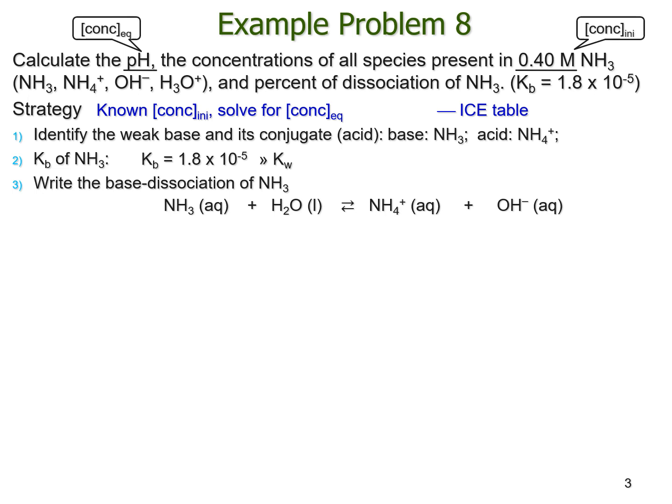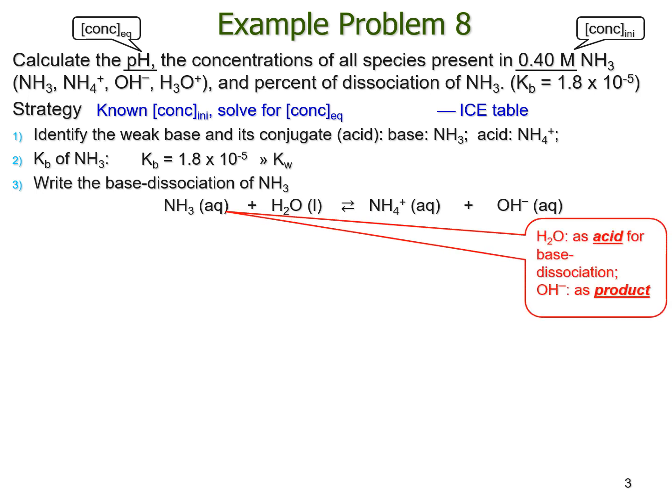And third step, we write up the base dissociation equation of ammonia. Remember, OH minus must be the product. That is essential, because if we replace the OH minus with hydronium, we got the chemistry wrong.